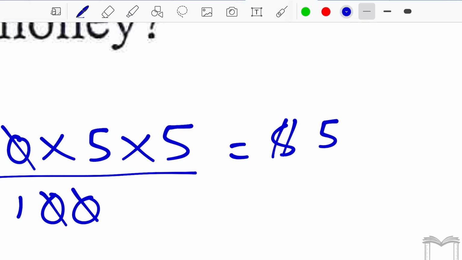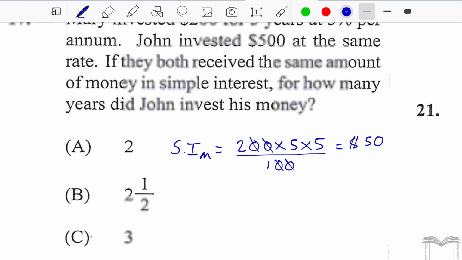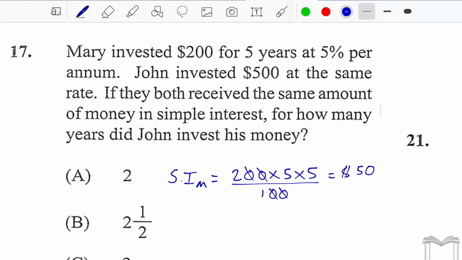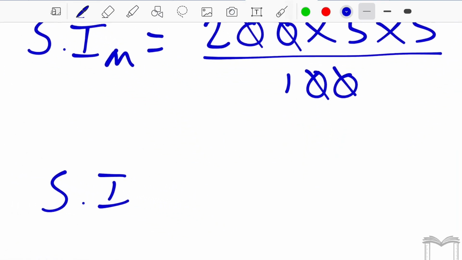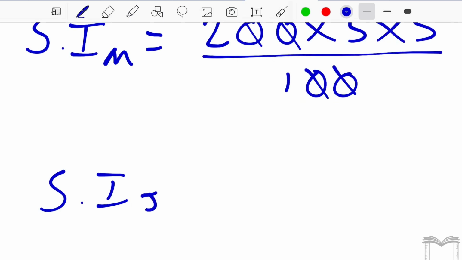So Mary's interest is $50. They told us that they both received the same amount of simple interest. So we know that for John, yes, John, has a simple interest of $50 as well.